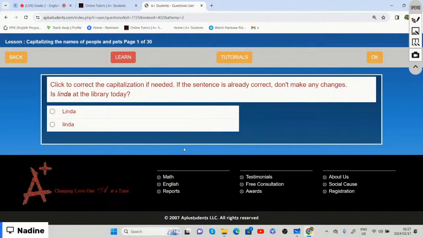It says, is Linda at the library today? So, is Linda at the library today? So, Linda, is that written correctly? Or do we write it with, like, option one, capital L for Linda, or option two, lower case for Linda? So option one or option two.